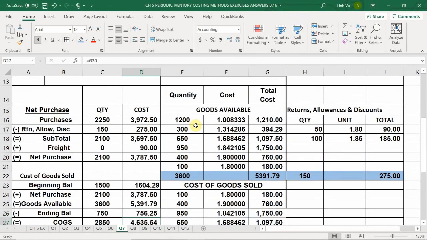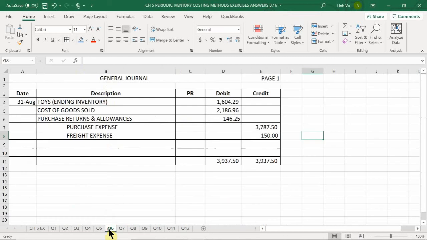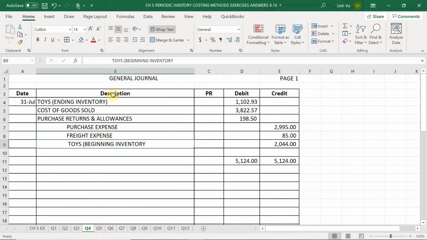So let's go ahead and plug our numbers in to solve for our conversion entry, okay? Which I've mentioned is going to look identical to question 4, okay? Because we have beginning inventory, right?